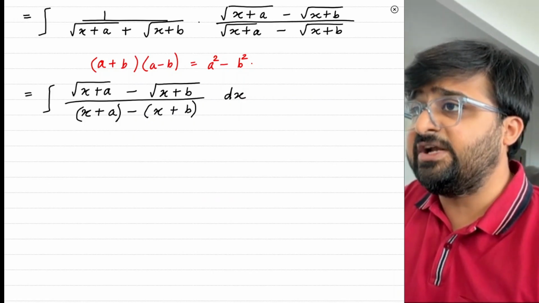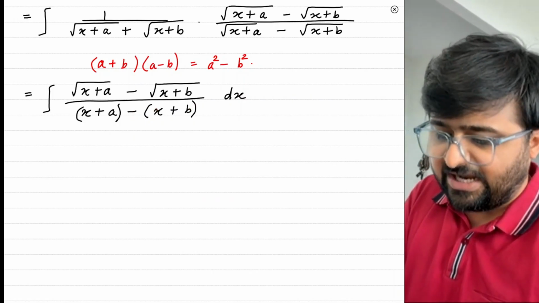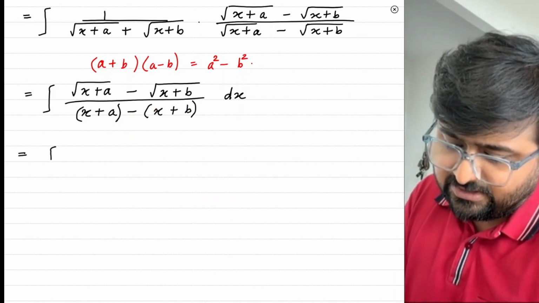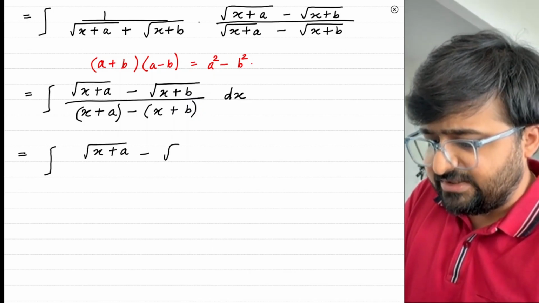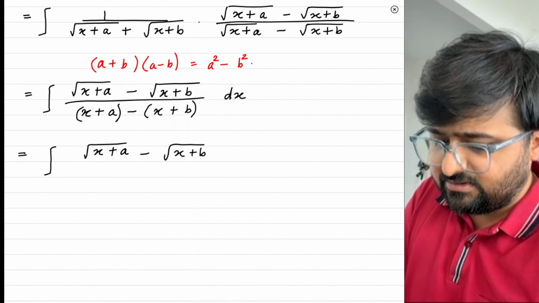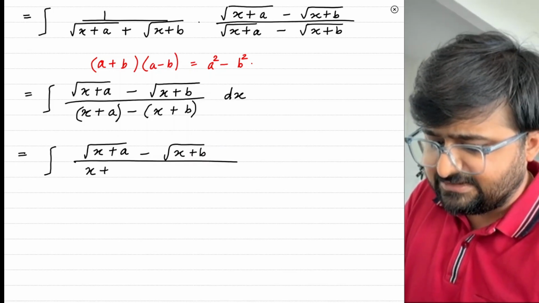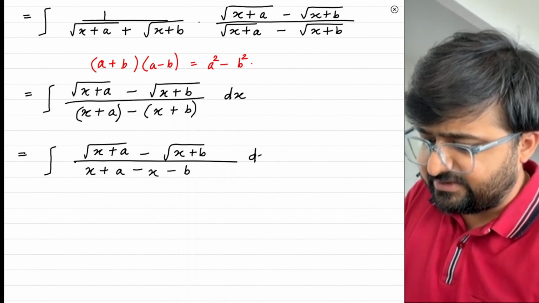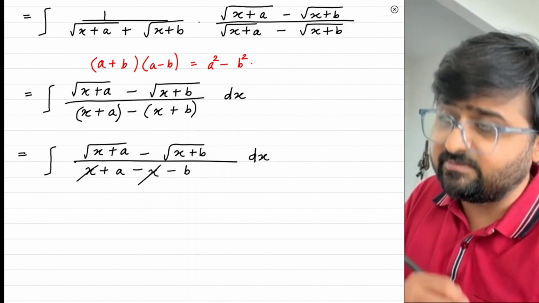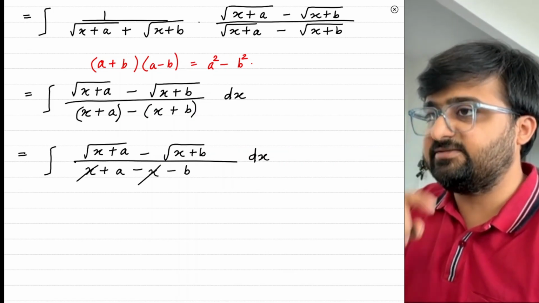You can just multiply this minus inside of that bracket. So you have the integral of square root of x plus a minus square root of x plus b, divided by x plus a minus x minus b, with respect to x, and that minus x and plus x will get cancelled at this point.